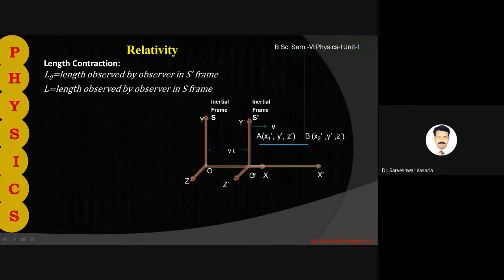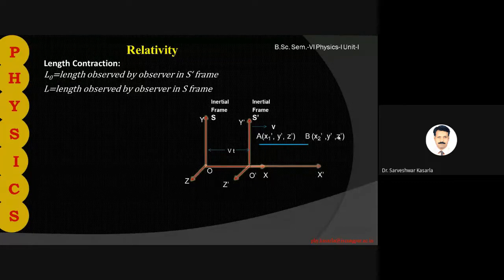After time t, as O dash is moving along x axis, it will be transferred to this position, and the distance traveled is v into t, because this frame S dash is moving with uniform speed v. So this is continuously moving, and the rod AB has A with coordinates x1 dash, y dash, z dash, and B with coordinates x2 dash, y dash, z dash. Is that clear? This is the situation.